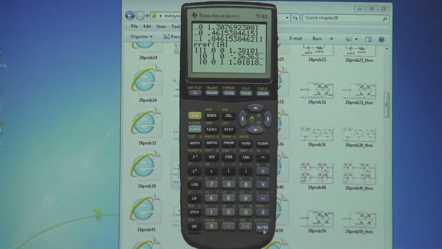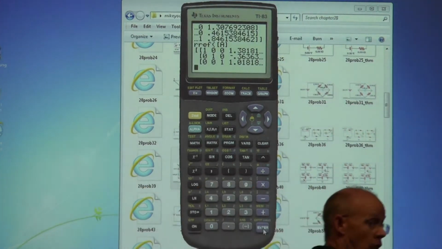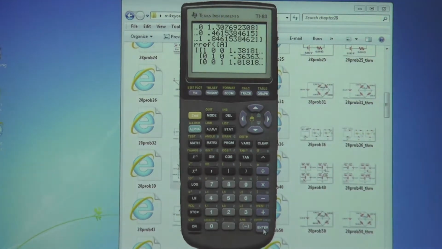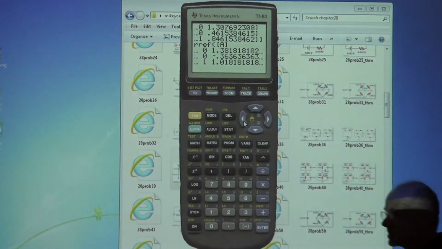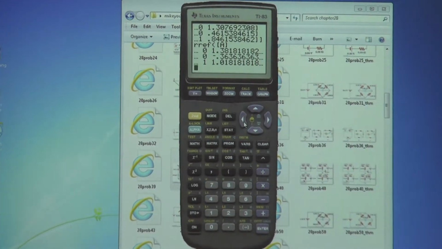And, not a surprise, current number 2 comes out to be a negative number. Warning: scroll across to make sure it doesn't say times 10 to something, but with these numbers, it shouldn't. That's why I thought I'd lay this one out. I like that one.